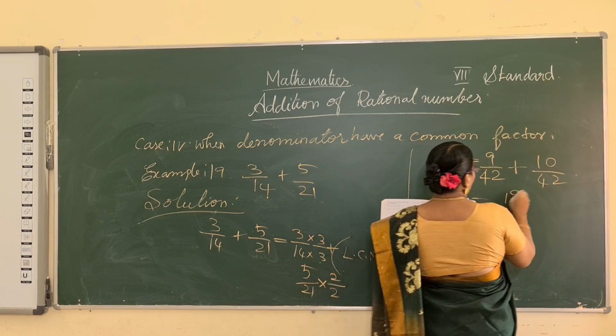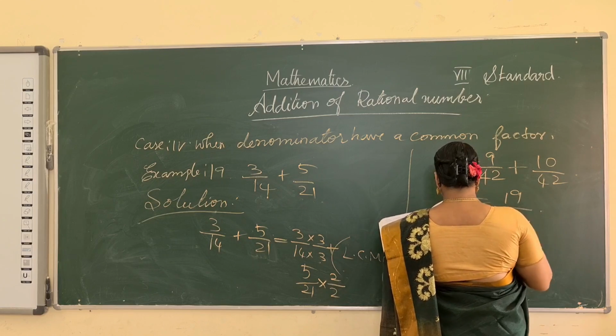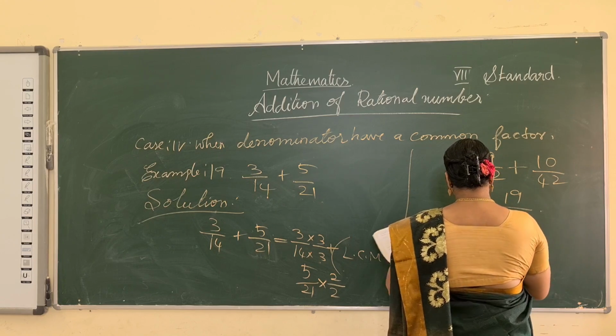Add the numerators: 19 by 42. That's all.